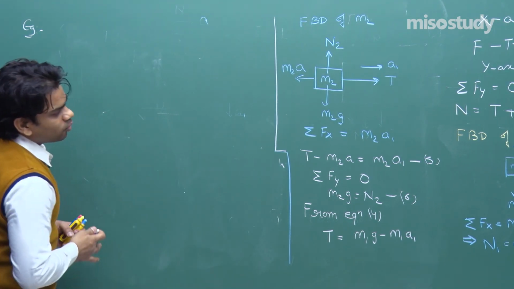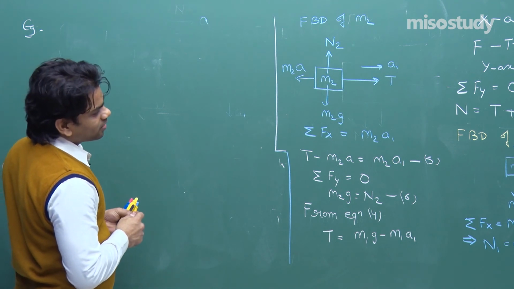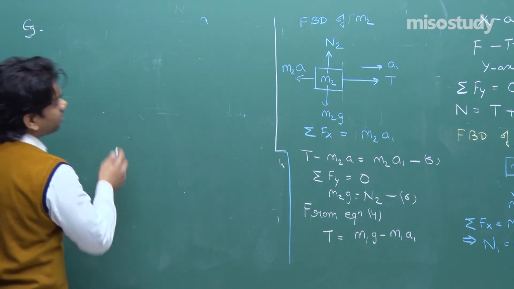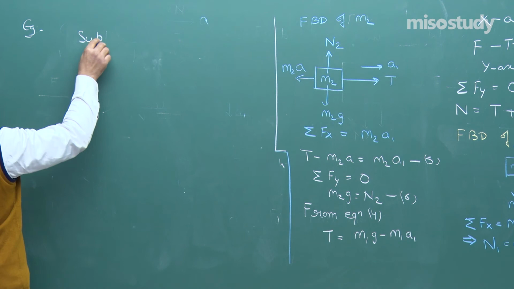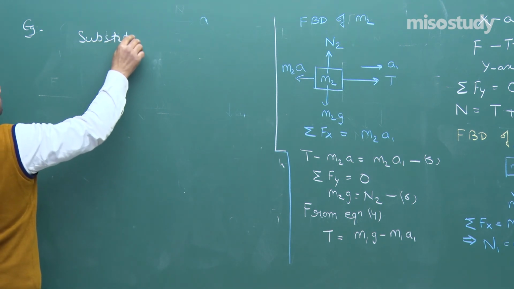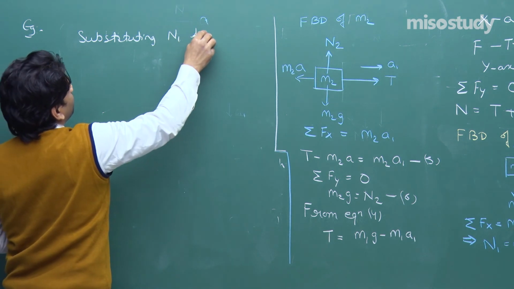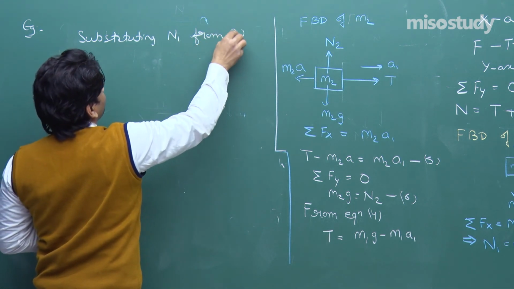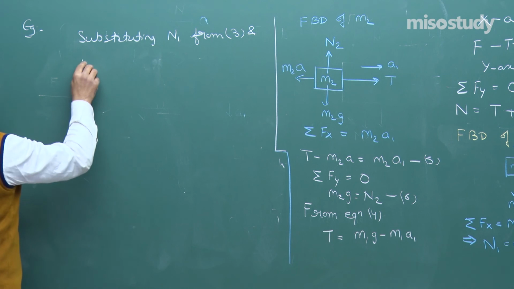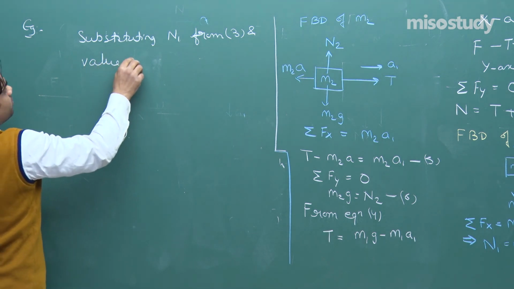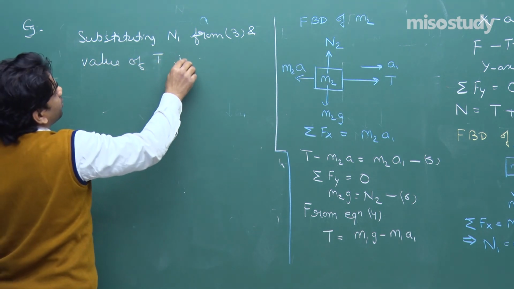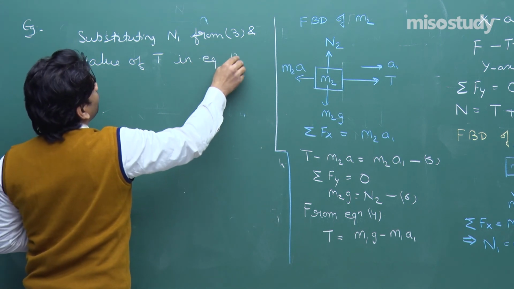So substituting the value of T and N1, N1 from equation number 3, and value of T in equation number 1, see what we are going to get.